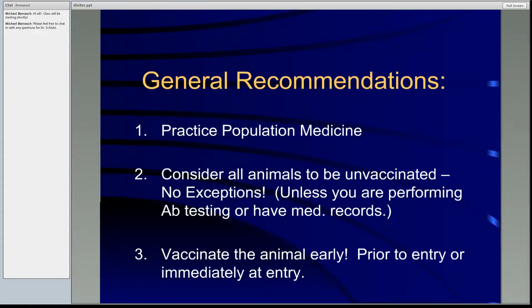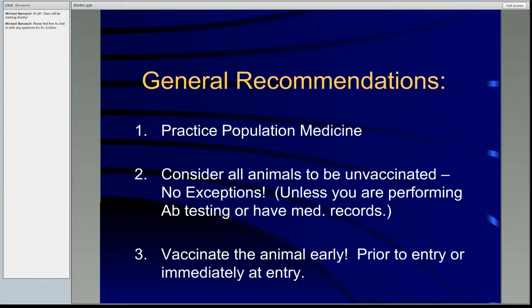Also, we want to vaccinate as early as possible. That means prior to entry, that would be ideal, but often not possible, but certainly immediately upon entry. Many of you may ask yourself, why is it so important to get it early?